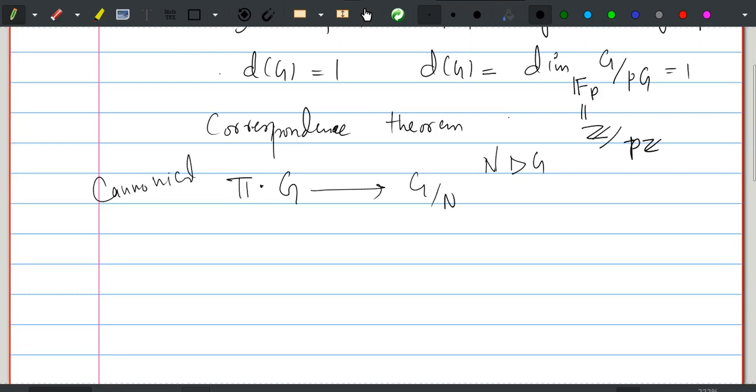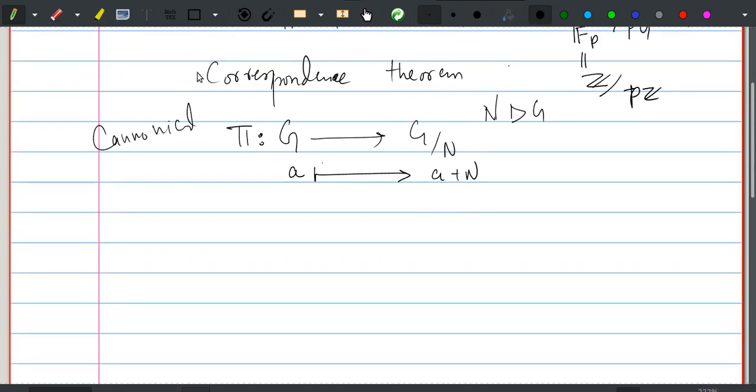This is a map pi which takes an element A to its coset, the coset of N determined by A. This is indeed a homomorphism, a surjective homomorphism.